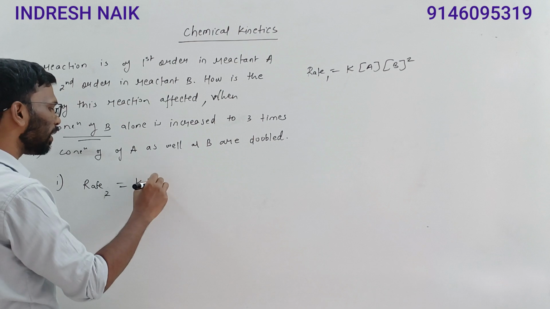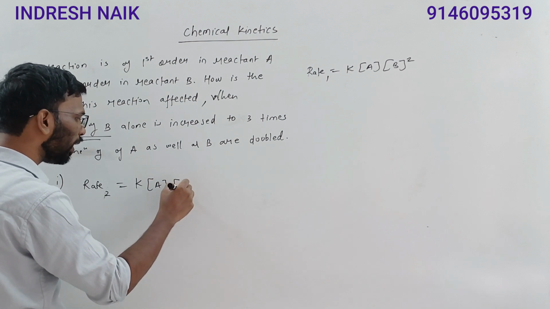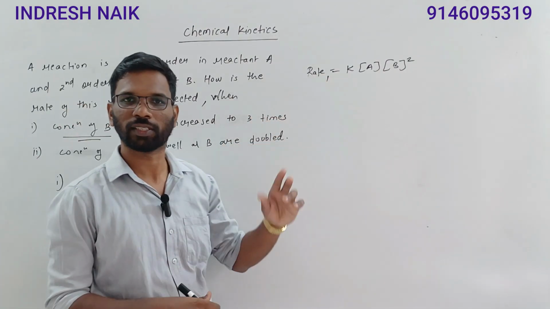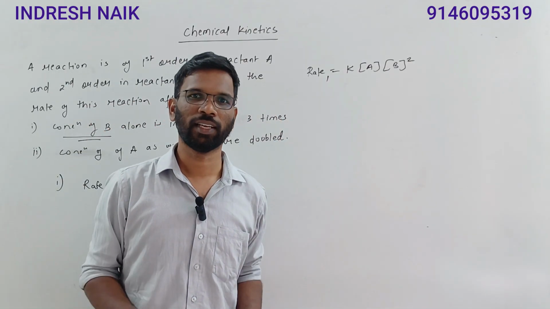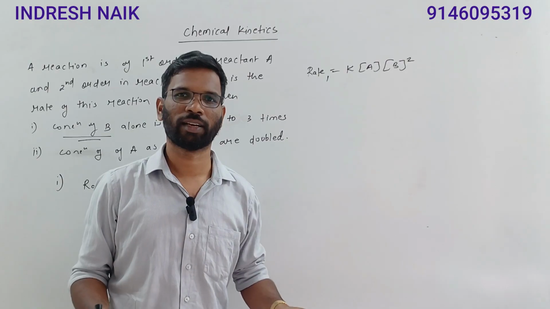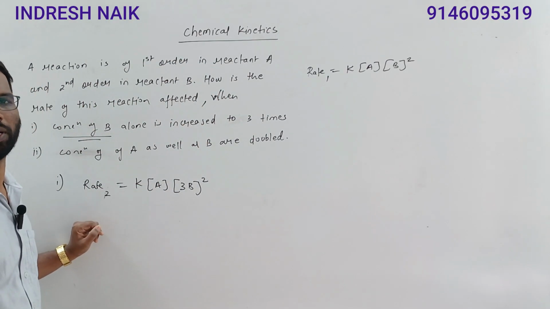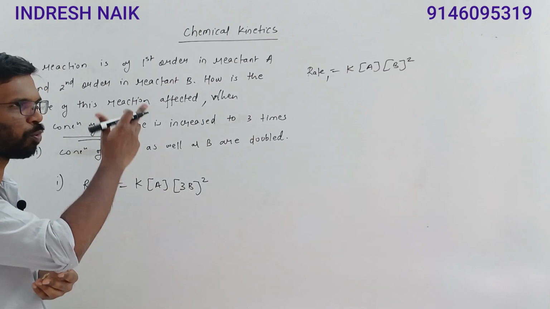Concentration of A is the same, concentration of B becomes 3 times B. So now this is the new rate, different from the earlier one. Let's say here the rate of reaction is 10 moles per liter per second. Since you have increased it 3 times, it may become something like 50 moles per liter per second. Just an example, it will be more than that.